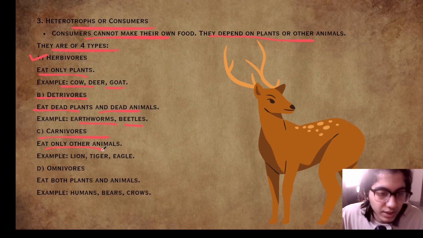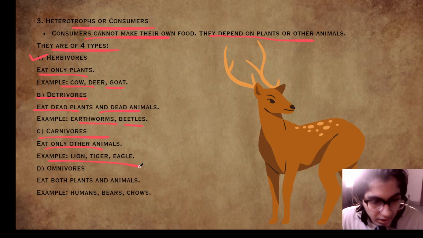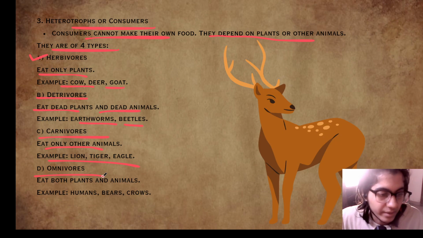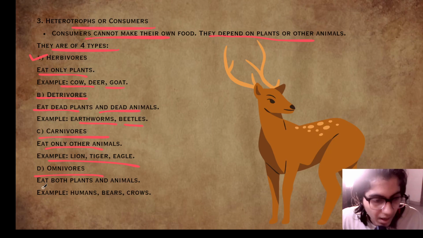Carnivores eat only other animals, for example lion, tiger, eagle. And the last one is omnivores, that means they eat both plants and animals, for example humans, bears, crows.